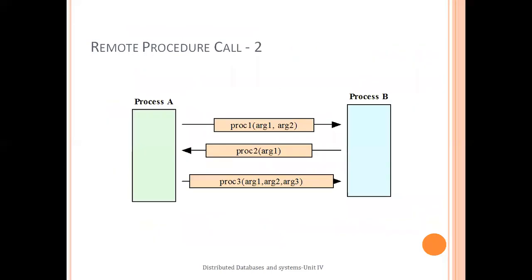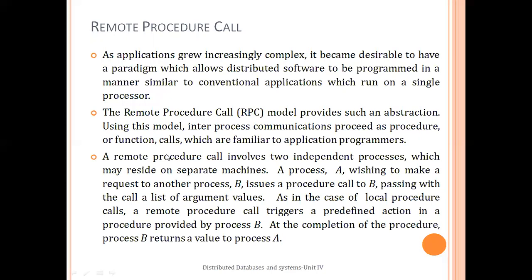In this model, there will be two processes, process A and process B. Whenever process A wants to communicate with process B, it will call a procedure and pass the arguments. Process B will take the request, process the arguments, and send the response back to process A.